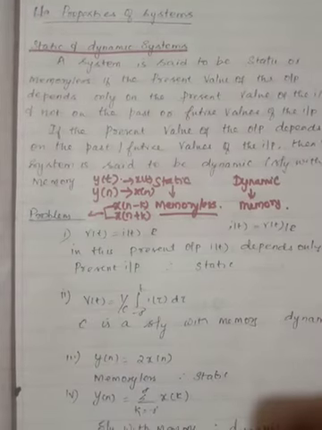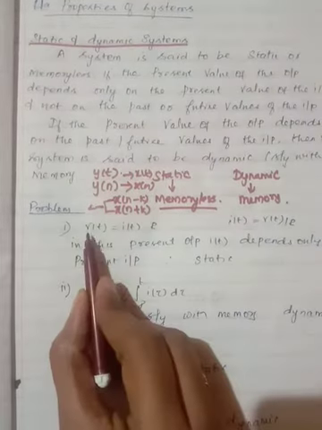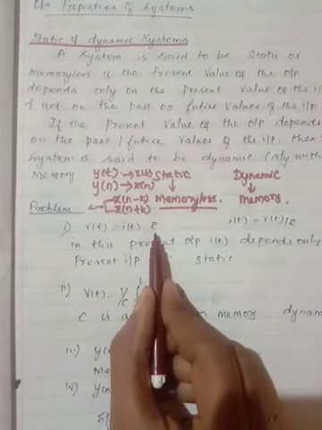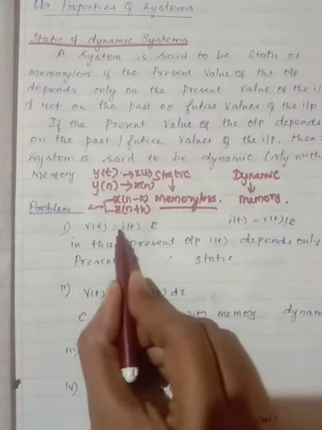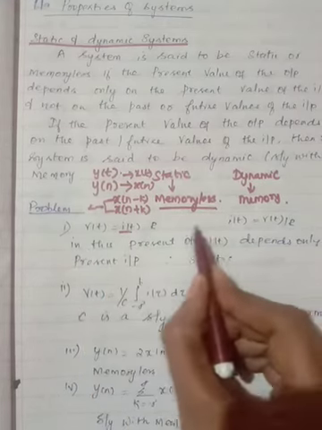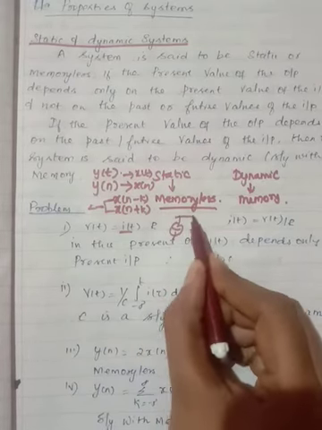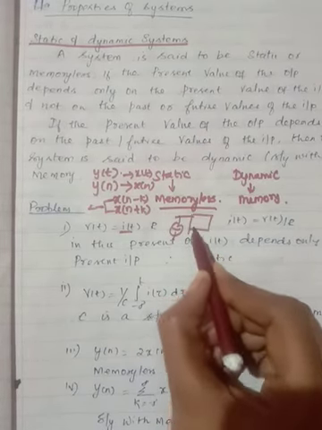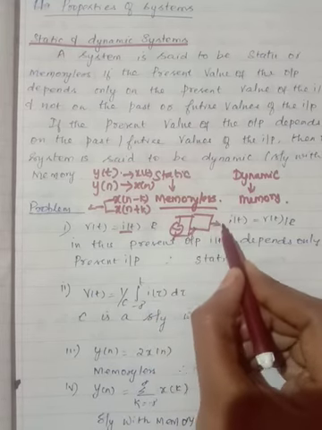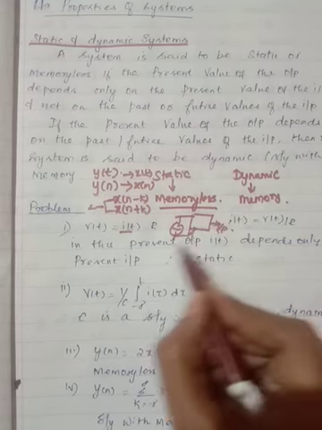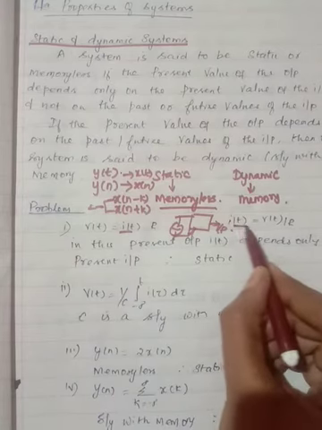Now we will see some examples. Consider V of t equal to I of t into R. Here we supply a voltage to a circuit, and we find the current as the output.